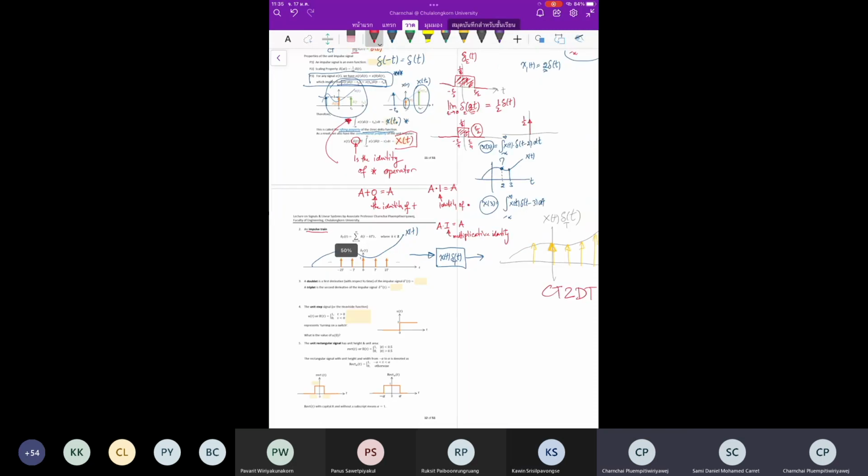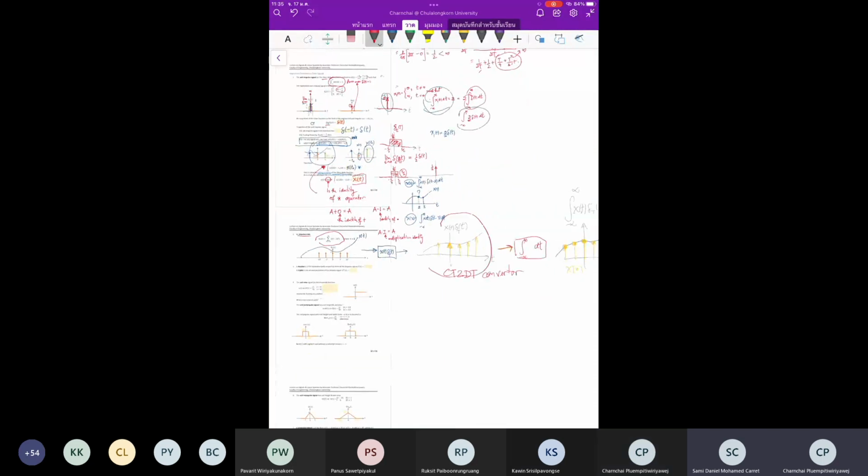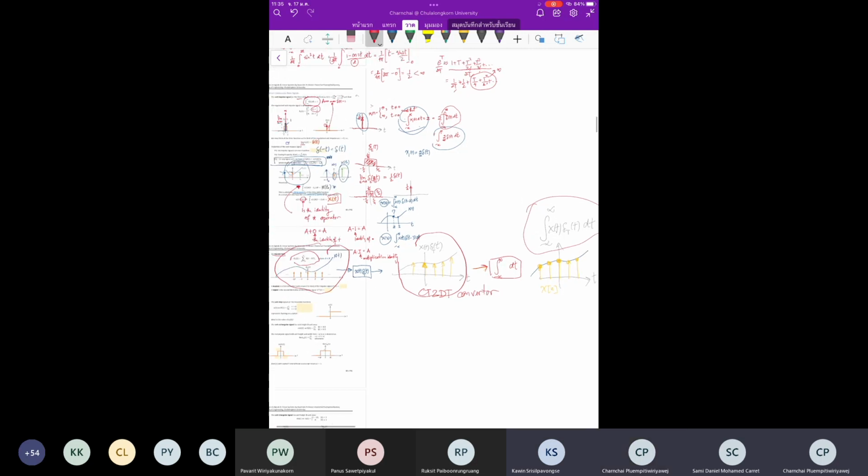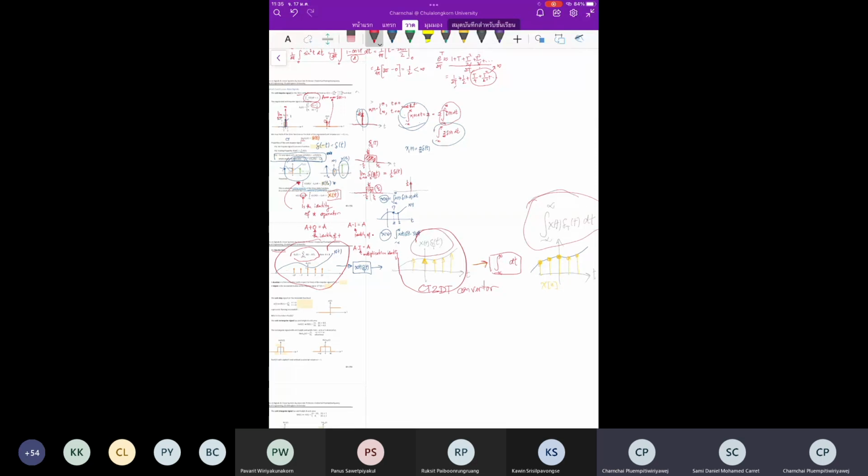This one does not have any integration, just multiplications.